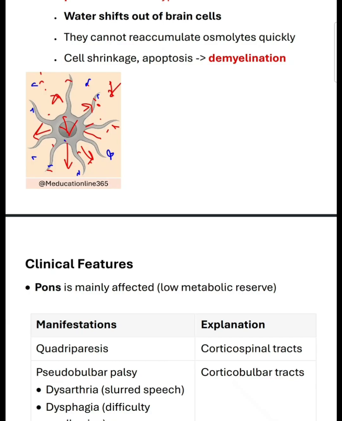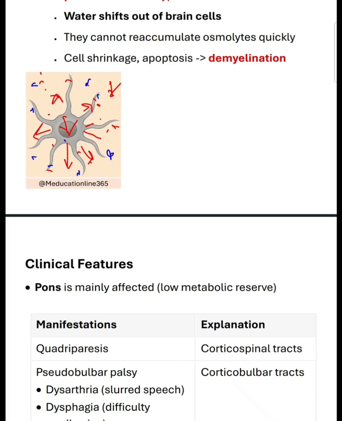But to prevent that, the cell will exclude its organic solutes like glutamate, and by doing that, it can prevent the edema. In this compensated condition, the osmolarity of the extracellular fluid and the intracellular fluid are both low.